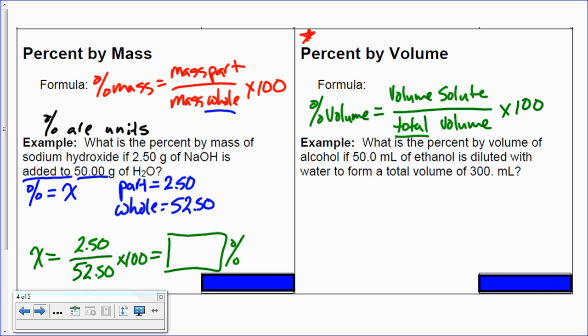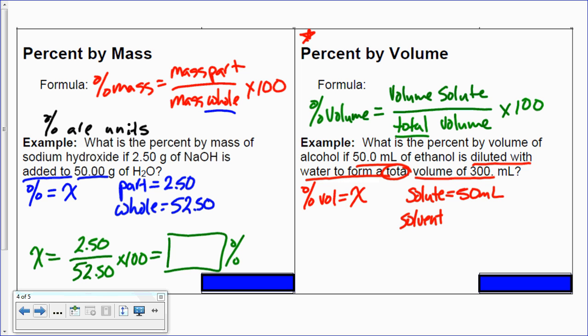So here we go. Let's identify our variables. What is the percent by volume of alcohol if 50 mils of ethanol is diluted with water to form a total volume of 300 mils? See how I clarified total volume. So in this case, we don't have to add. So percent by volume equals X. We don't know that answer. The solute is the littler one, so that's 50 mil.